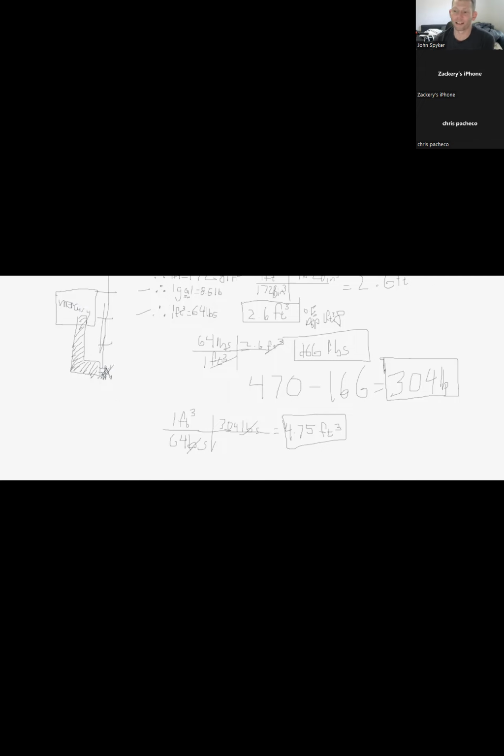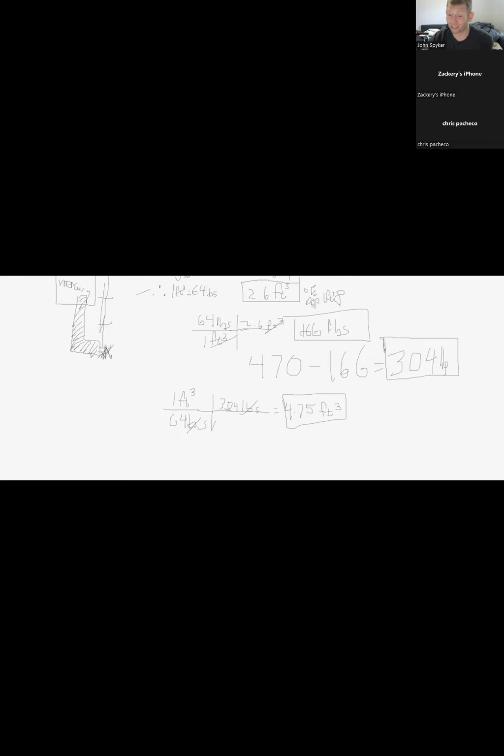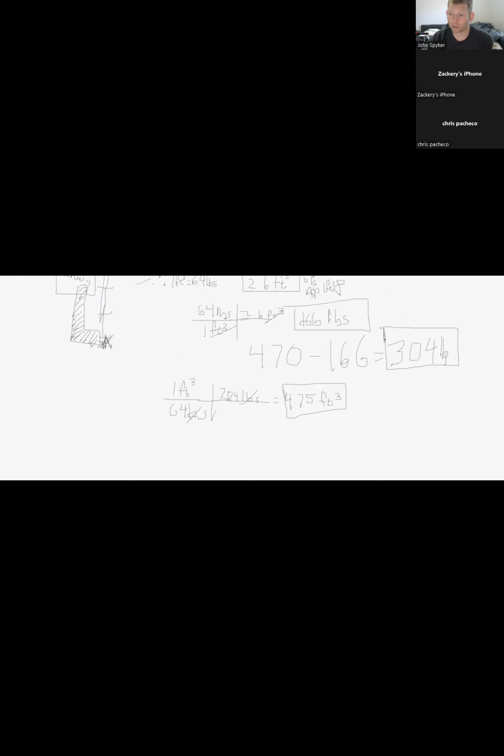But the idea of this is to give you a ballpark of how much you're gonna need. 4 cubic feet, 5 cubic feet, to lift 300 pounds, that's not that much air to lift a lot of weight. You know what I mean? But you also have to consider if it's stuck in mud and things like that.